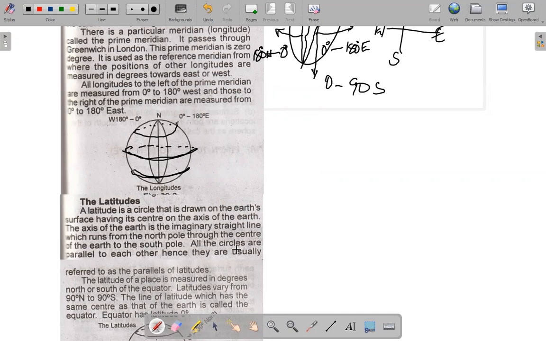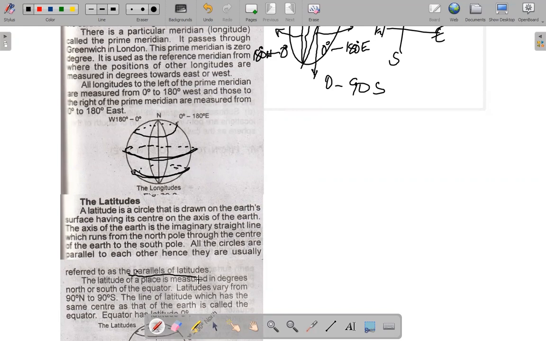So all the circles are parallel to each other, and hence they are also referred to as parallels of latitude. All of these lines, by completing to form a circle, are all parallel to each other. So the lines of latitude are also called parallels of latitude.